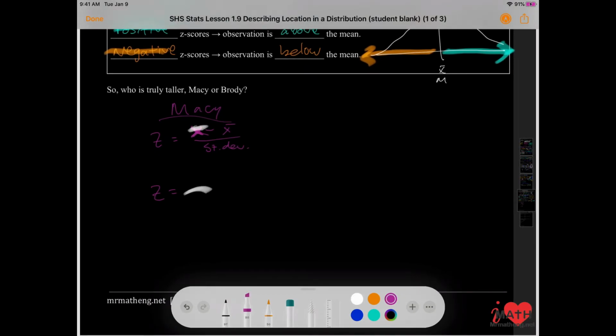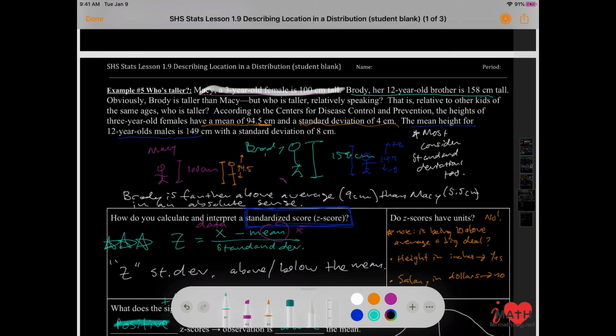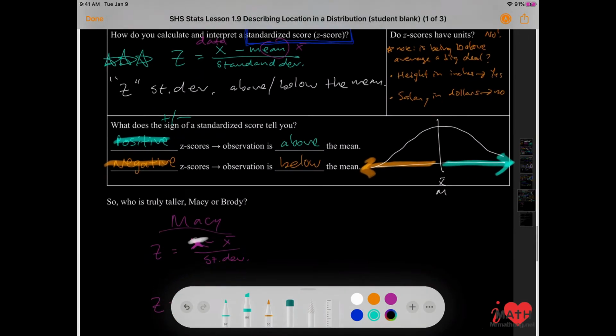Macy is 100. 100 minus the average. What was the average that the CDC said? The average for 3-year-old females was 94.5.